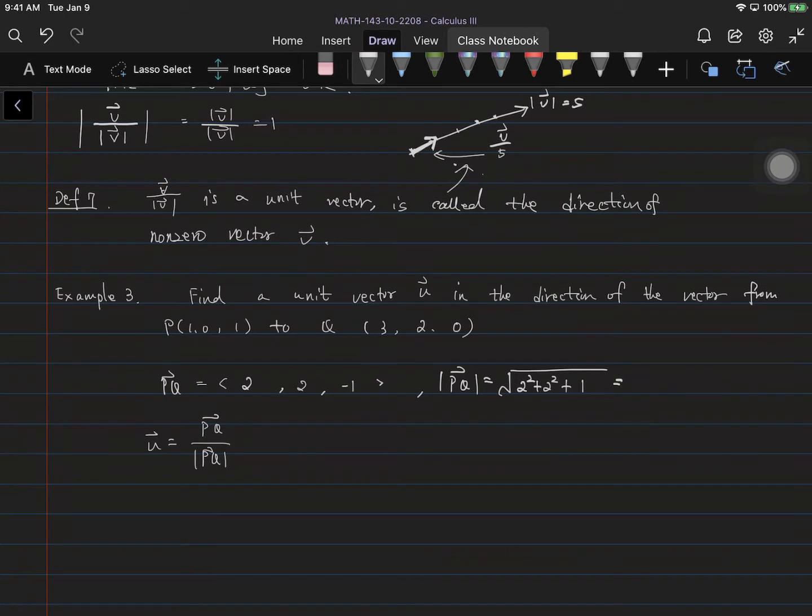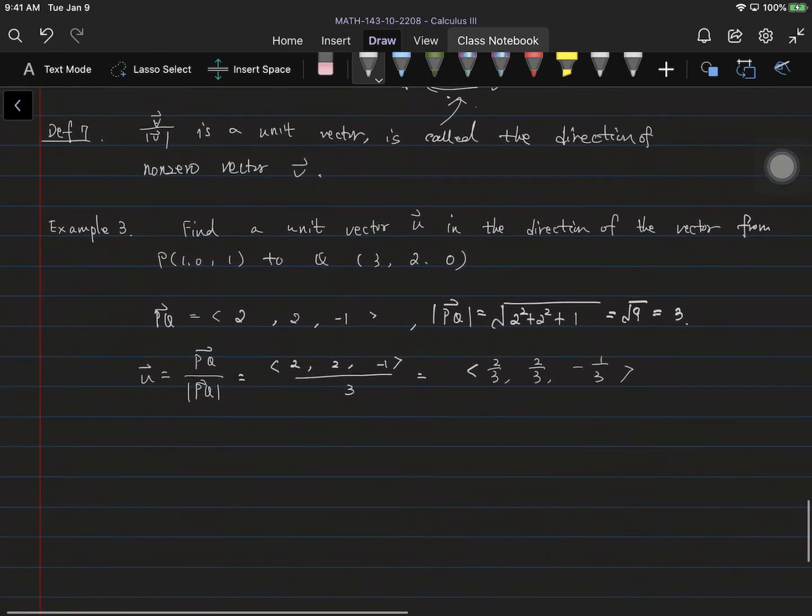Okay, so that should be root of 9, which is 3. Right? So the unit vector equals 2, 2, negative 1 divided by 3. After we simplify, this is kind of like a scalar multiplication: 2/3, 2/3, negative 1/3. Actually, this is a unit vector in the same direction as vector PQ.